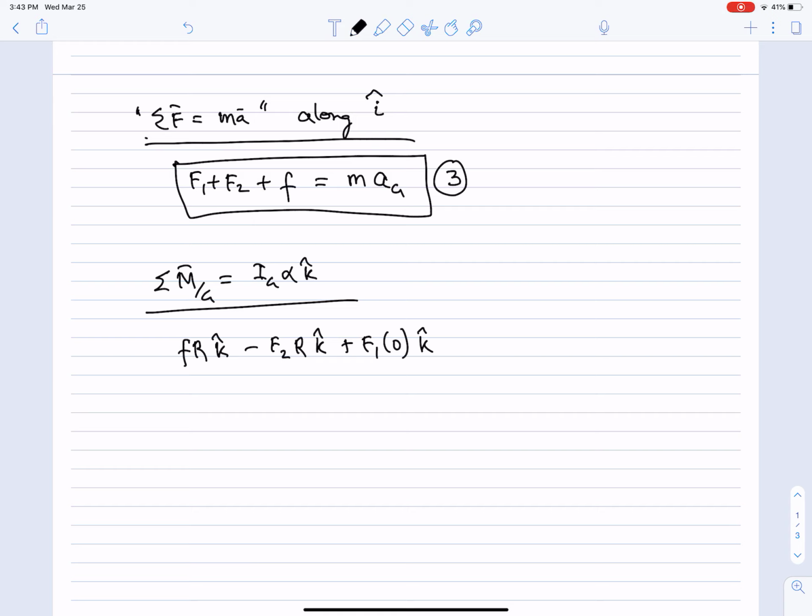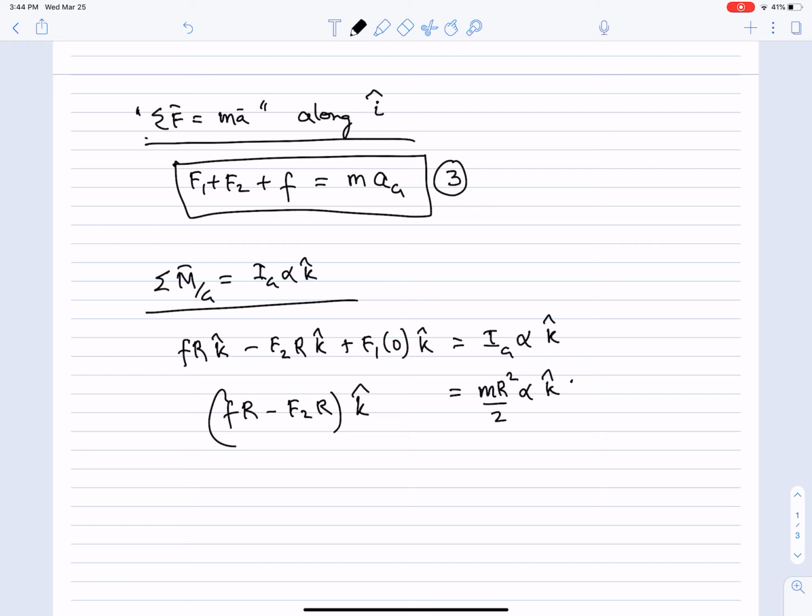On the right-hand side is just Ig alpha K. For a uniform disk, Ig is mr squared by 2, alpha K. Okay, so let's write it like that.